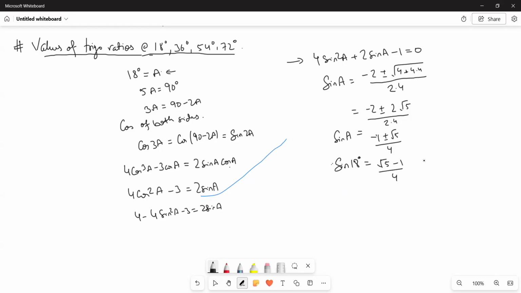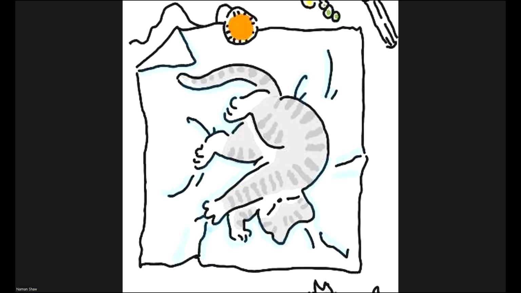Now, once we know sin 18, find cos 18. Sir, its conjugate. Try, guys.